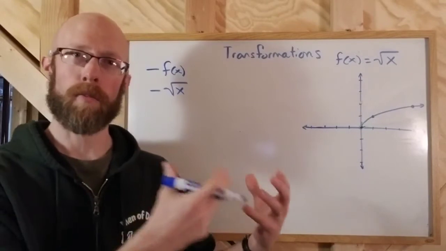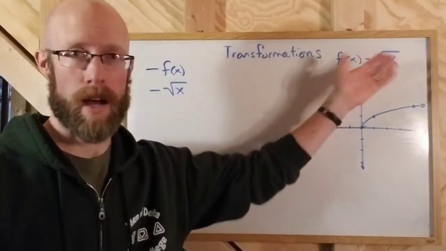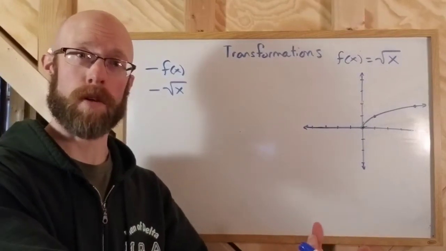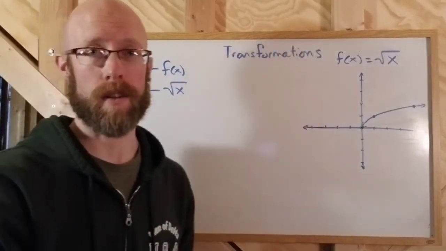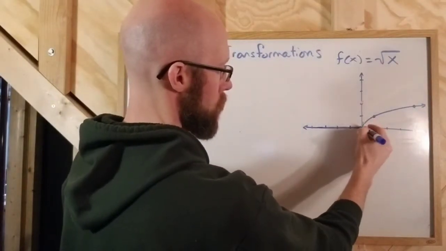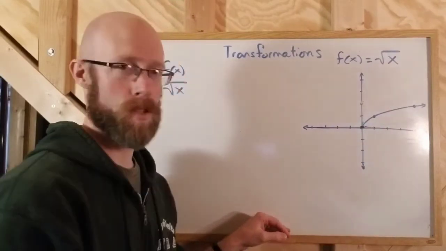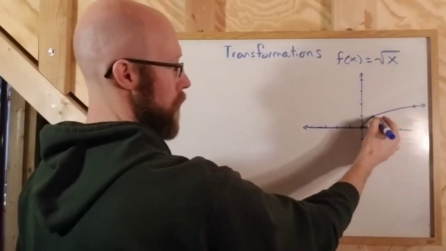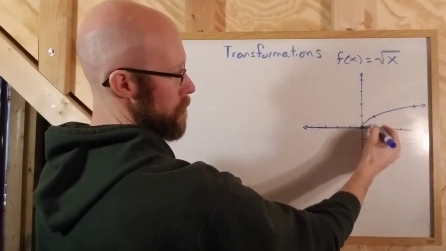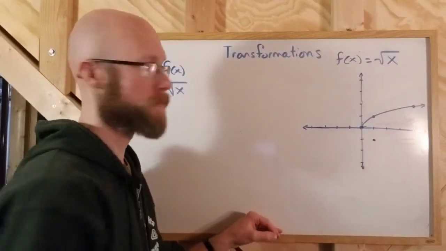Again, every output gets multiplied by a negative, or turned negative in this case, because they all start positive. But if they started negative, you would multiply by negative to turn them positive, so it would be the opposite. Start with 0. 0 multiplied by a negative is still 0, so that one doesn't change. Positive 1 output, multiply it by a negative 1, becomes negative 1.